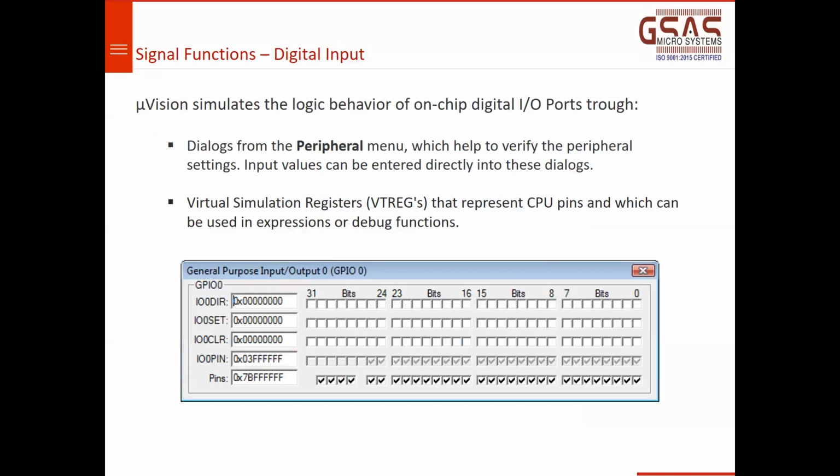Similarly, we can also simulate the digital input. So when is the digital input useful? Especially for interrupts. Whenever you want to simulate an interrupt, it can be from a peripheral, or it can be an external interrupt. It can be anything.